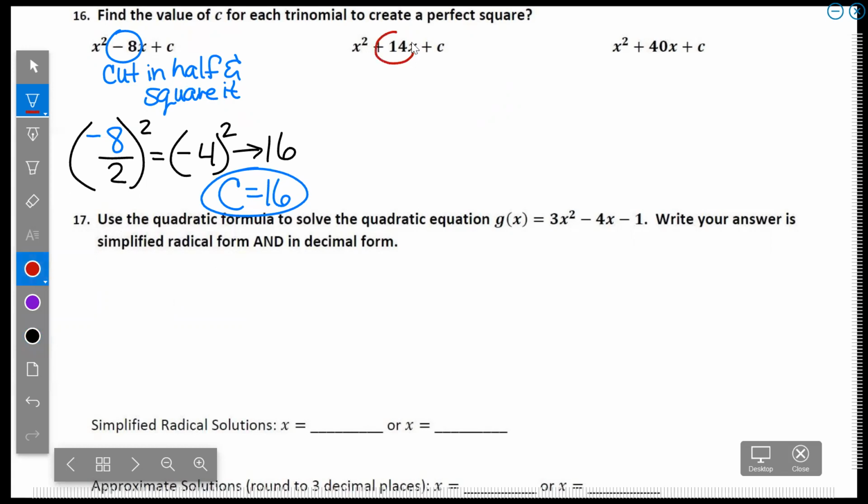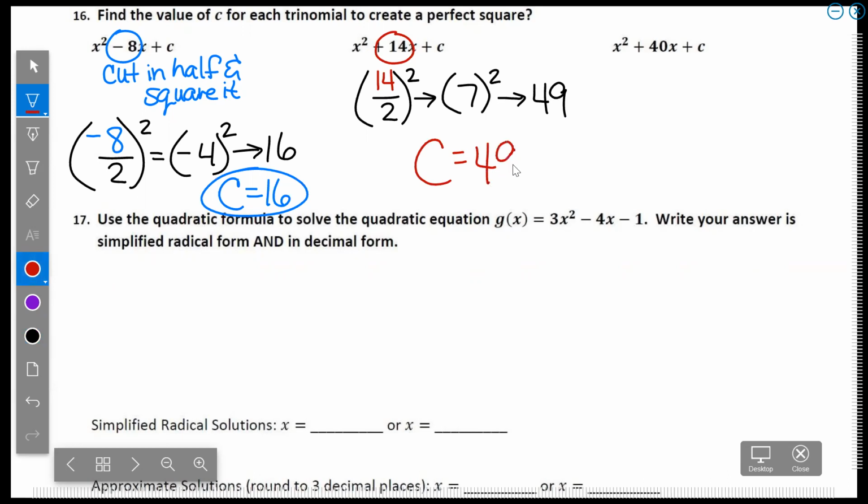I'm going to take this middle number, 14, cut it in half, and then square it. What is 14 cut in half? 7. I need to take 7 and square it, multiply it by itself. And so I would get 49. So C is 49.